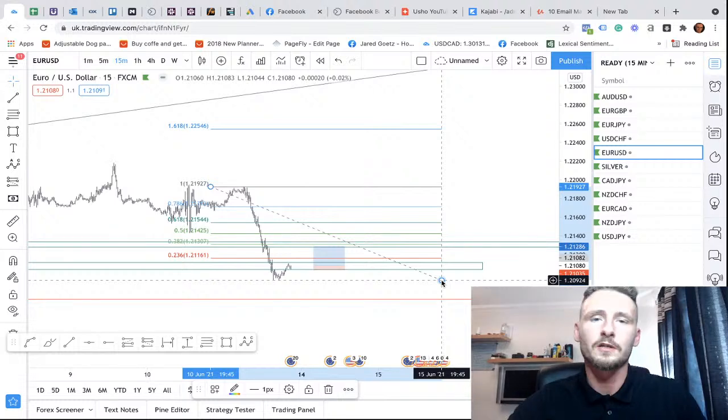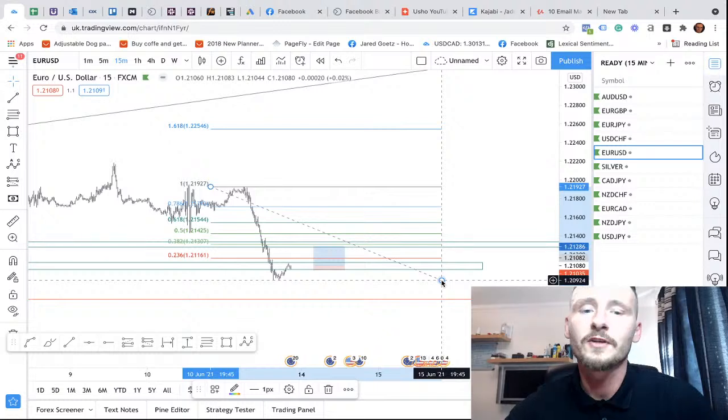Sometimes this can be a great tool just to throw over the top of price action if you know how to use it correctly, and you are picking highs and lows, and you understand the relevance of it on each time frame.